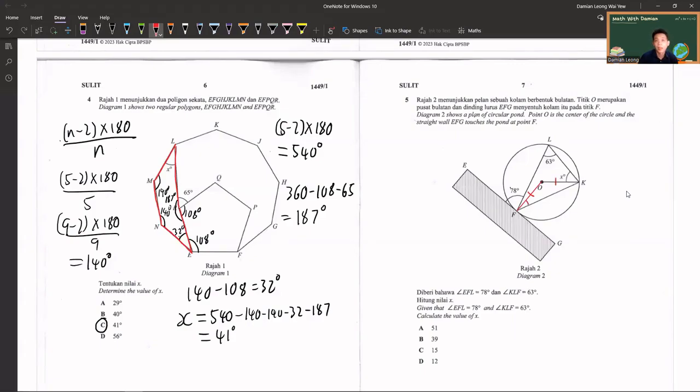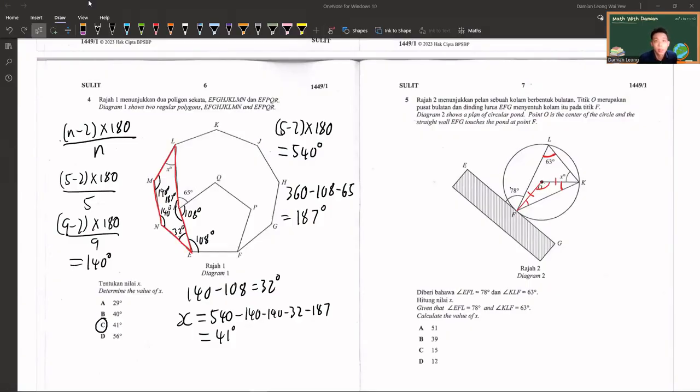So this angle and this angle, dua sudut ini ada nilai yang sama. Okay, both of this has the same angle. And then 63, I can relate with this angle. Okay, satu sudut pada pusat bulatan. Okay, dan satu sudut pada lilitan.